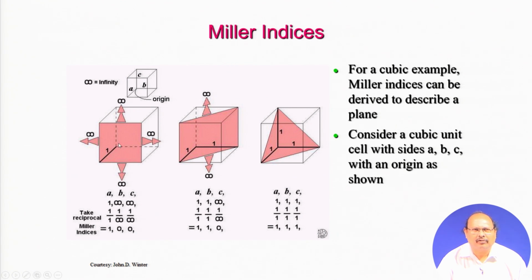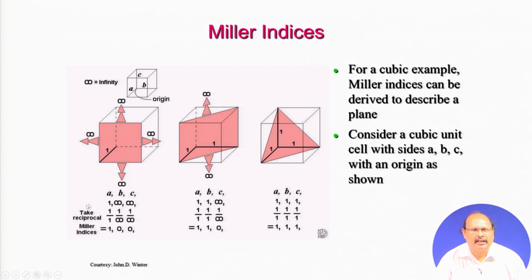In case of the isometric system, we call them A1, A2 and A3. So, theoretically, if we talk about the Weiss parameter symbol here, along A, if we call this 1 unit length, it has intersected, let us say, 1, but it is parallel to A2 and parallel to A3. That means, if it is parallel, it is intersecting at infinity, at infinite distance here. So, that is why we write it for the B position as infinity.